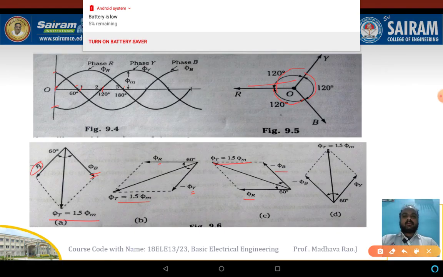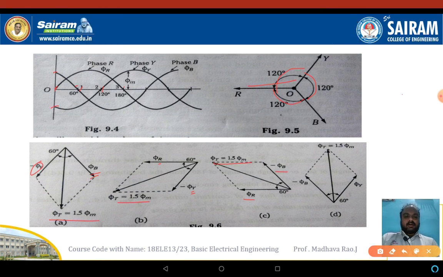Easy, right? So these are the four cases. We will see in one case how phi T is equal to 1.5 into phi m.